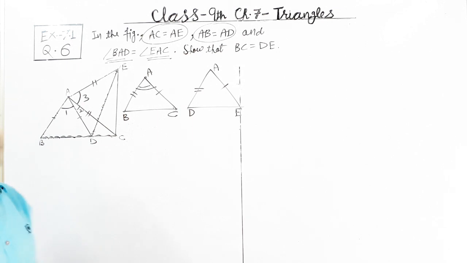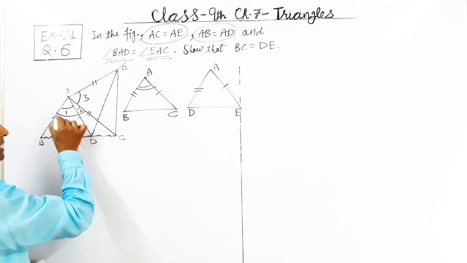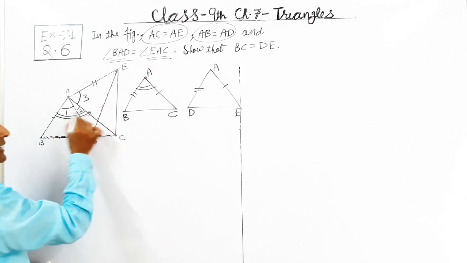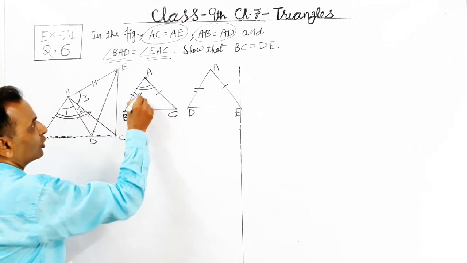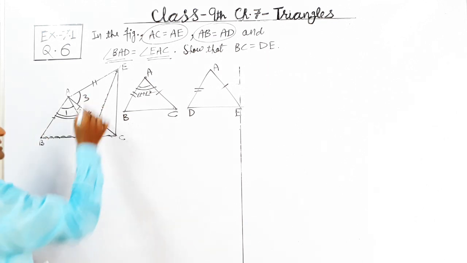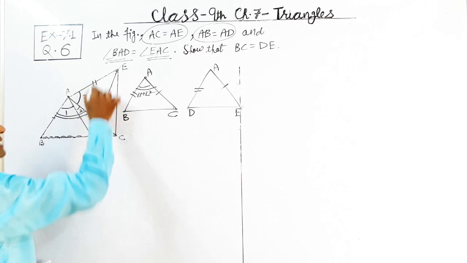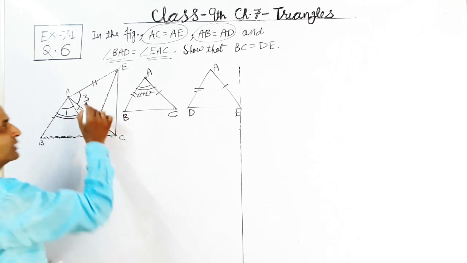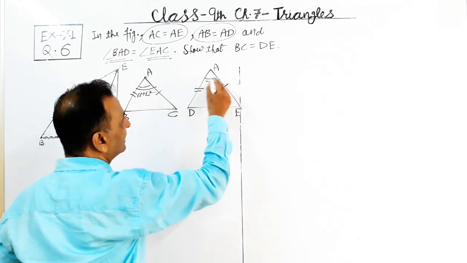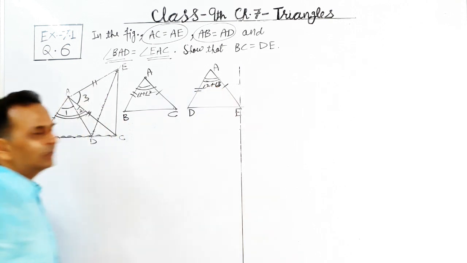In the main figure, BAC is the combination of angles 1 and 2, so angle 1 plus 2. And angle DAE, or EAD, is the combination of angles 2 and 3.